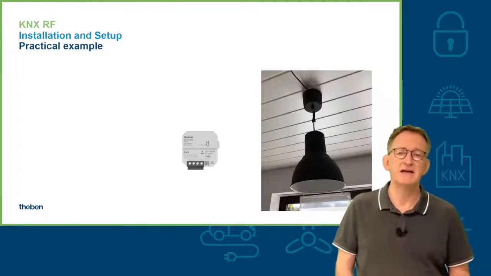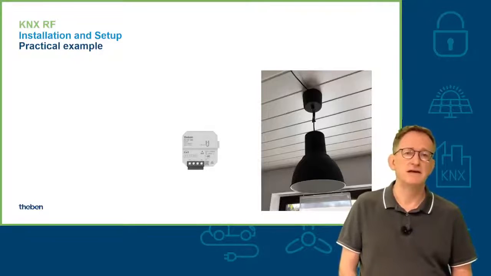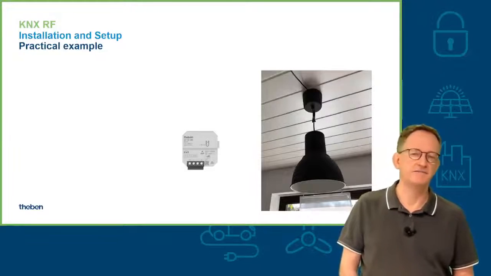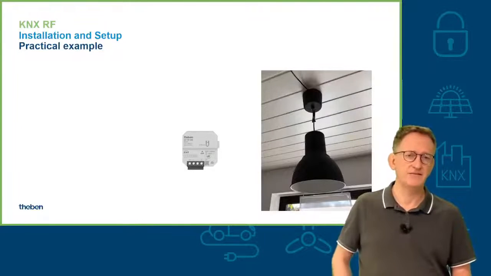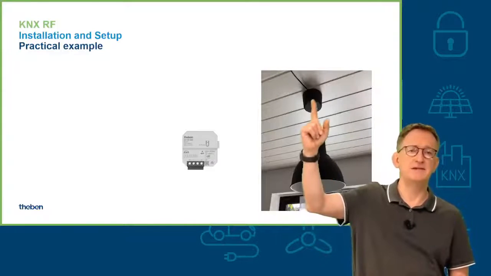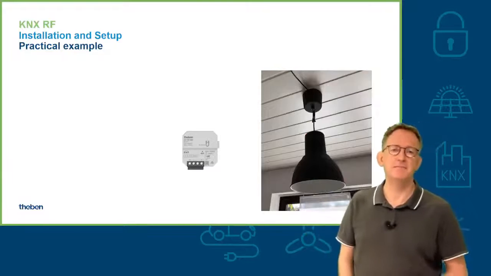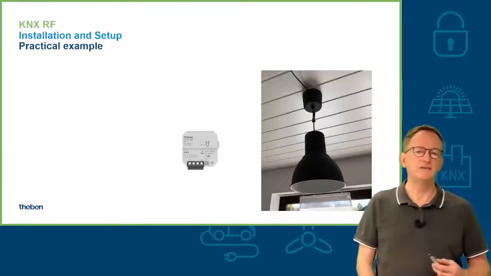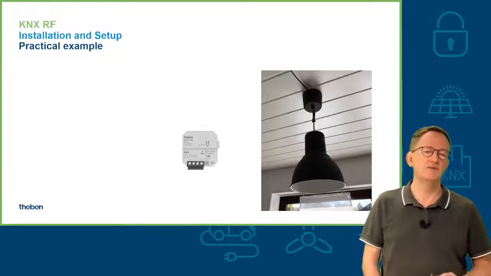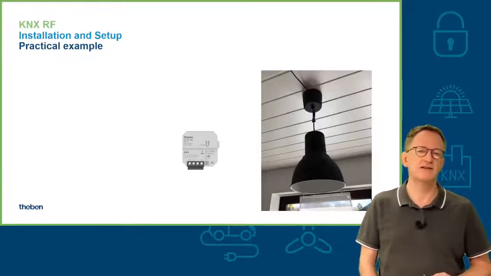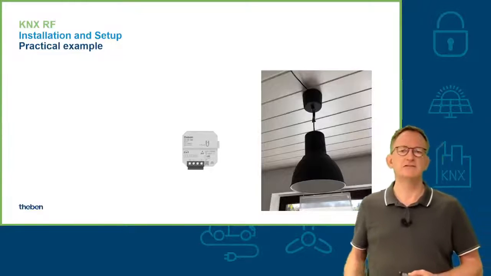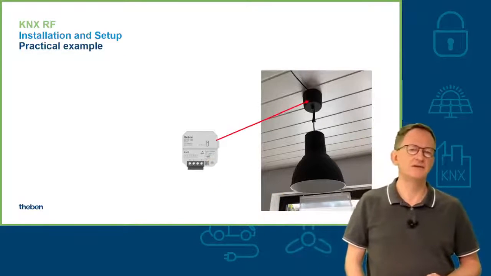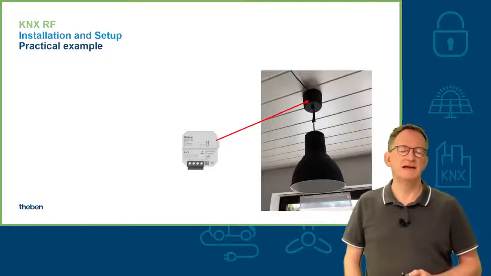Where can I, for example, hide any RF devices, like here in that plastic box above that lamp. There we have 230 volt. You can switch with that switching actuator or dim the lamp with that dimming actuator. But you can also configure the device which is installed in that plastic box as a repeater.